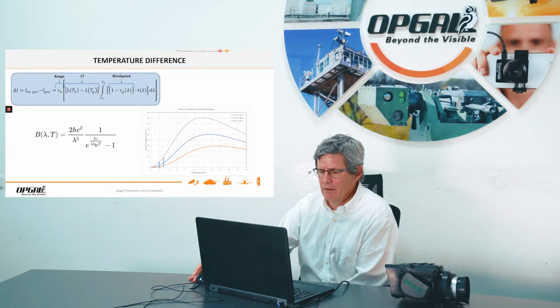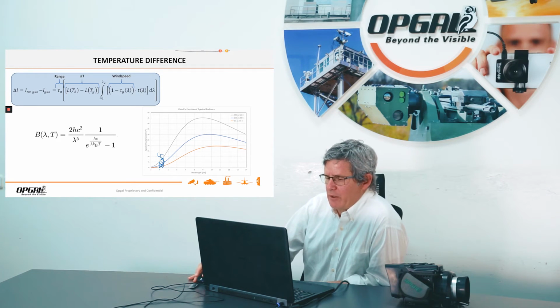This is L of, let's say, the background, T of B, and here we have this area, and we can see, and the gas could be at 25 degrees. This is the area up to here.